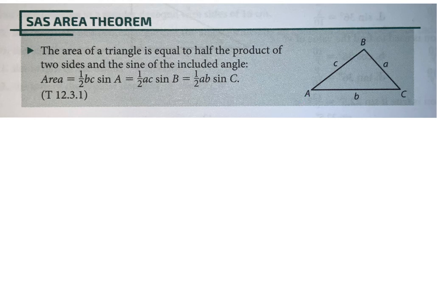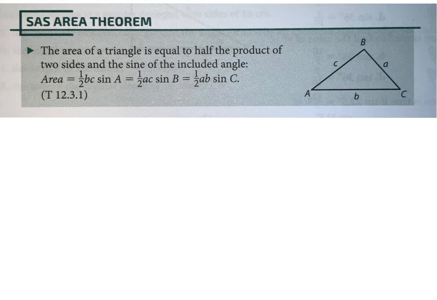You have A, B, and C. When they have little a, that is the side opposite angle A. So it doesn't matter that you memorize the formula. You need to remember that you have 2 side lengths and the angle created by those 2 sides. If you have C and B, you're going to use the sine of the angle created by them. If you have C and A, you're going to use the angle created by those. So you don't really have to memorize which one's which.